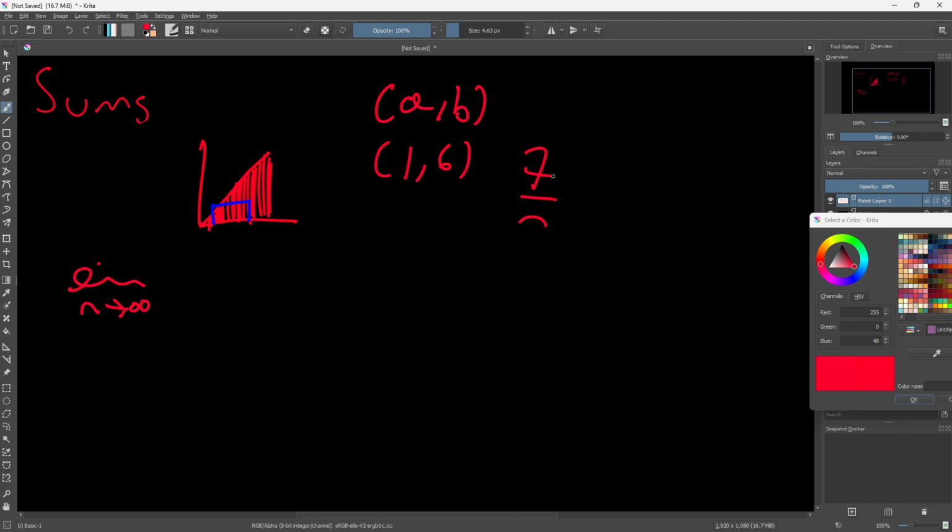Basically, how you do it is you have b minus a over n, right? And it's because if you do any other way, you're not going to get an accurate number for the area. It'll be like sad, and your teacher will yell at you, and the AP exam won't be happy. And so for this example, this would be 6 minus 1 over n, which would equal 5 over n.